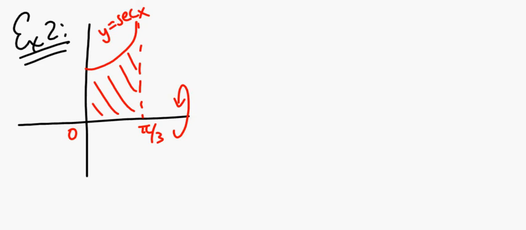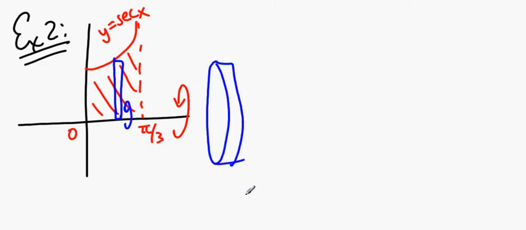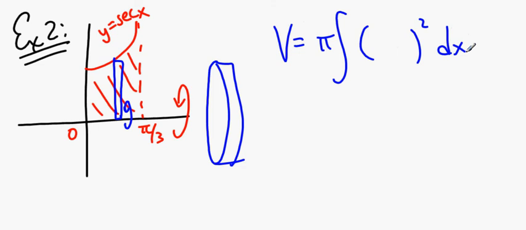So again, we approximate with a rectangle. We spin that rectangle around. We get a tuna can, and the volume of a tuna can is pi times radius squared times the thickness, from 0 to pi over 3. What is the radius of the tuna can? It's this height, right?